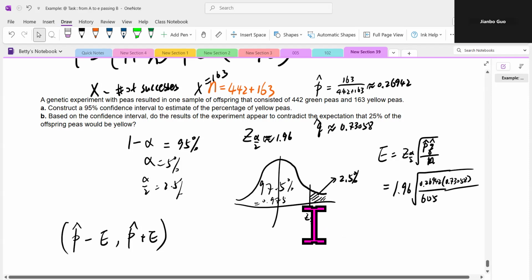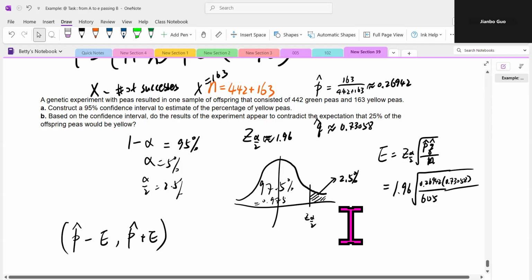Since alpha over 2 is 2.5%, the area of the region to the right of this critical value is 2.5%. That means the white region is 1 minus 2.5%, that is 97.5%. Be very careful. You need to know the area of the white region.